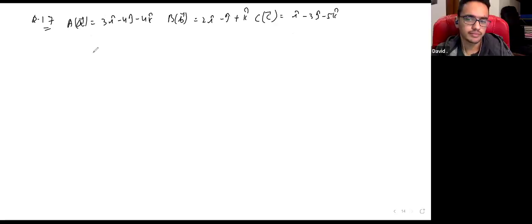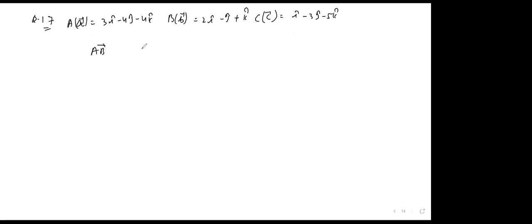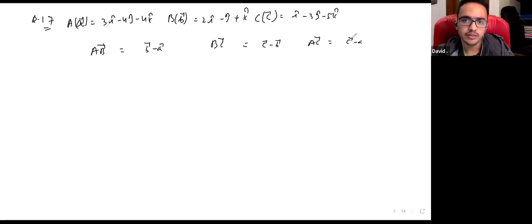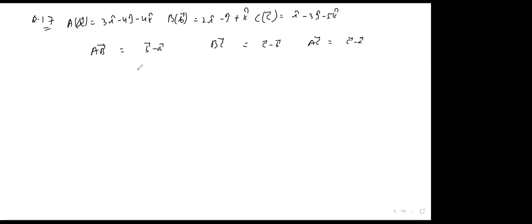So first you need to find AB vector, that is B minus A, BC vector, C minus B, and AC vector, C minus A. AB vector will be 2 minus 3, minus 1 i cap, plus 3j cap, and 1 plus 4, 5k cap.